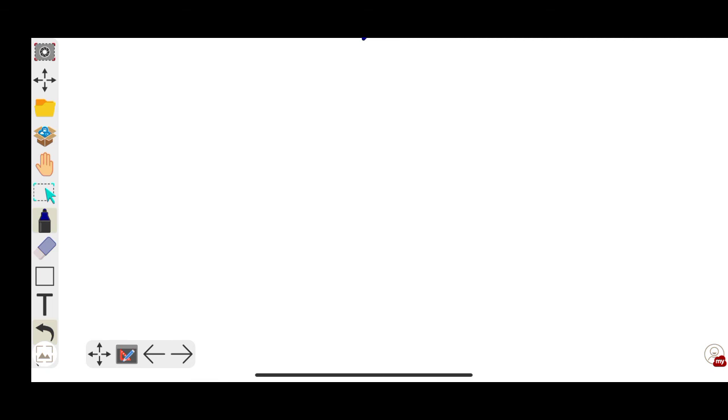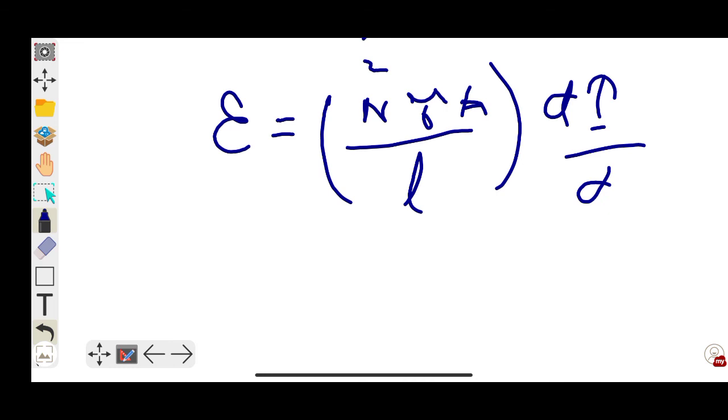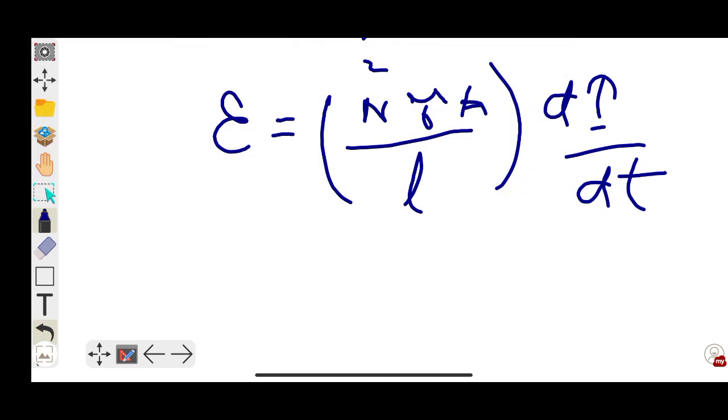We have seen just now that for self induction, EMF is equal to n square mu naught A upon L into dI upon dt, and we call this term self induction.